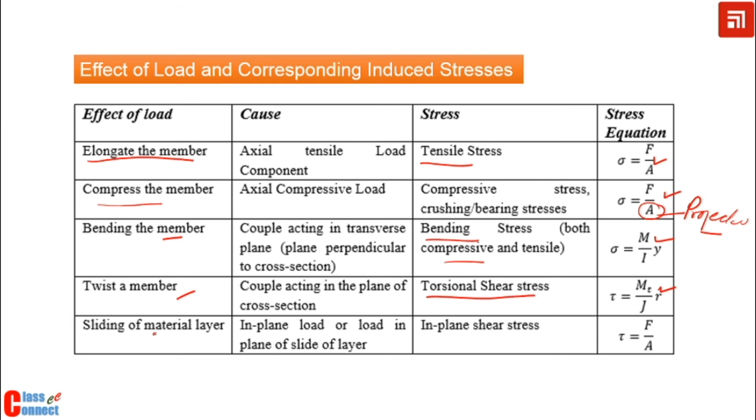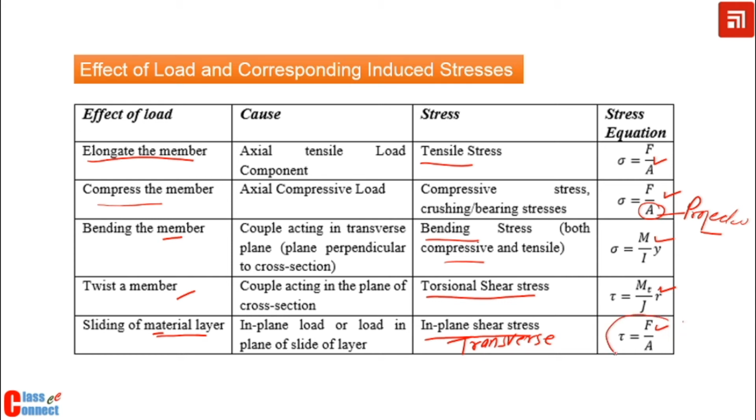And if the effect is to slide a material layer, then in-plane shear stresses or transverse shear stresses will be used. In that case, we have to use this formula, or the formula of transverse shear stresses.